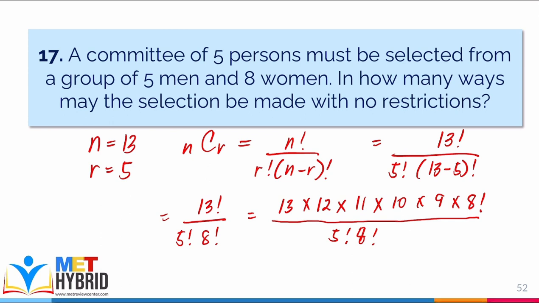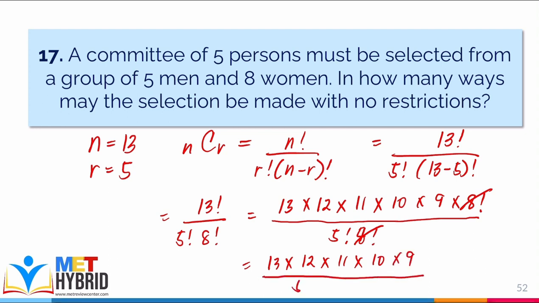We can cancel out 8 factorial and then simplify: 13 times 12 times 11 times 10 times 9 over 5 times 4 times 3 times 2 times 1.